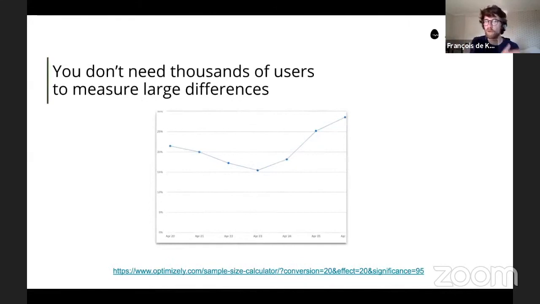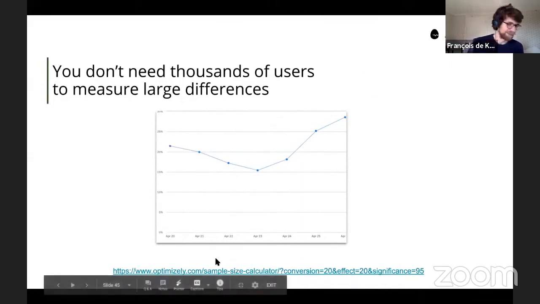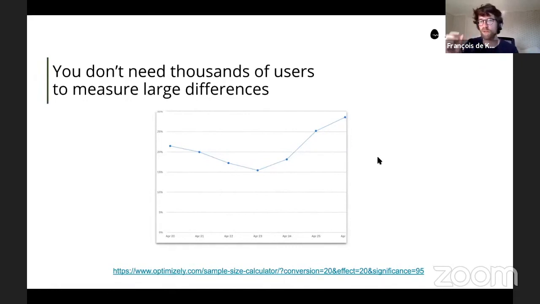Just compare month over month your donation rate, and since it's a ratio, as long as you have a few hundred people, you will see the impact on your conversion rate. And hopefully you will soon get to 25 and 30%. I added a link to Optimizely about sample size, but if you do things with high impact, 100 donors is enough to see the difference before and after.